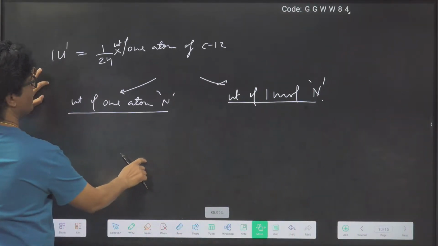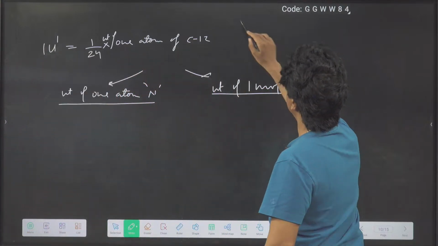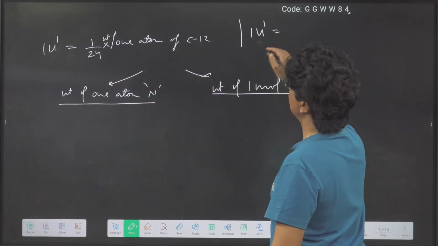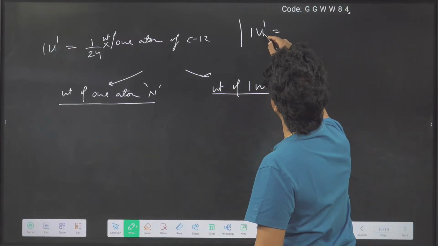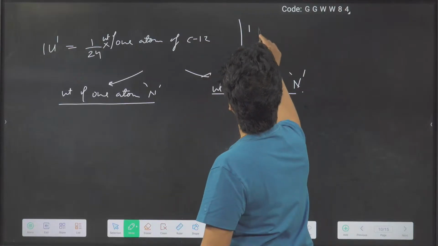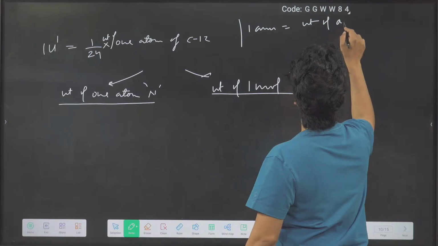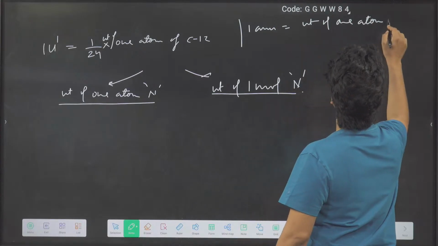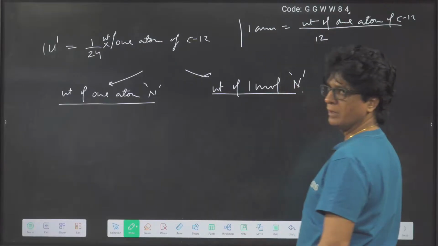So first of all, let us make one thing very clear. Out here, this 1 U dash is equal to what? You know that 1 AMU is equal to the weight of 1 atom of carbon 12 isotope upon 12, right?